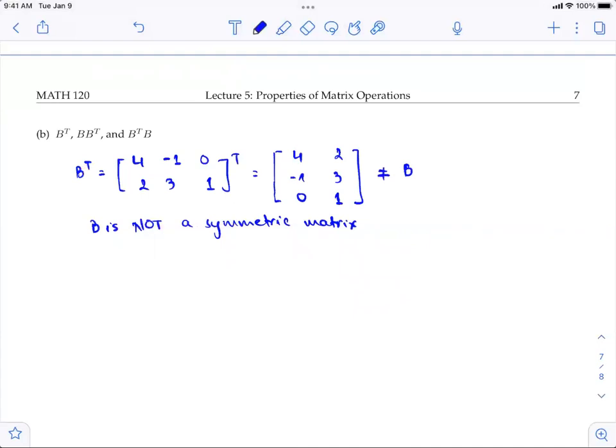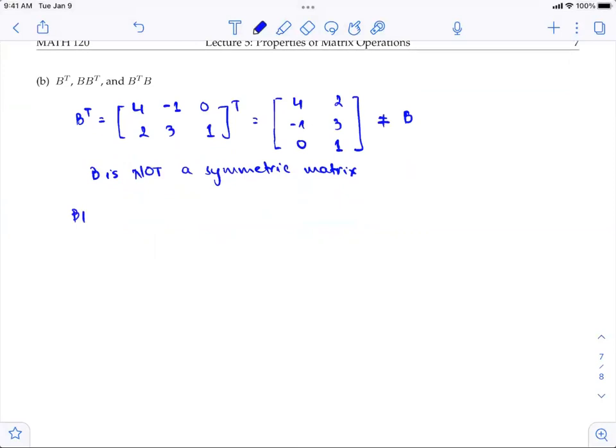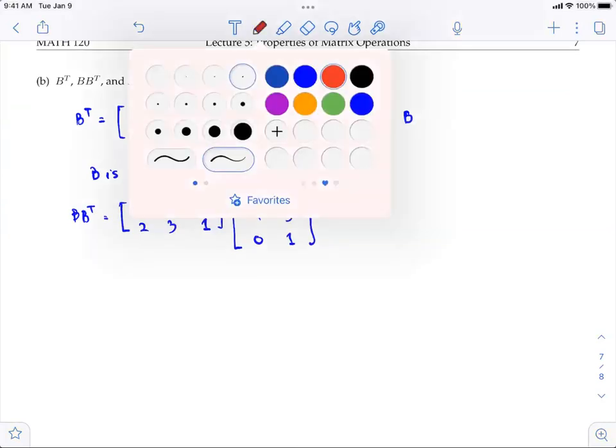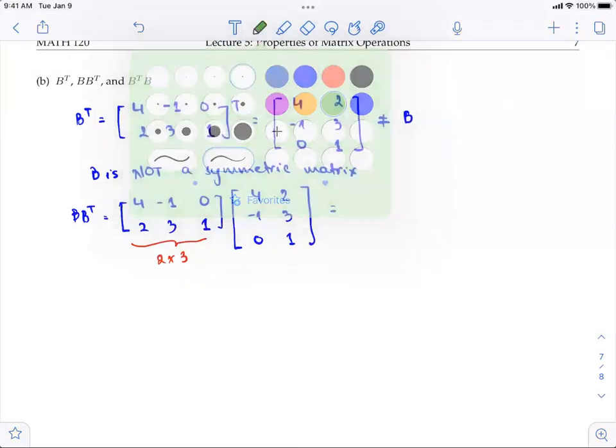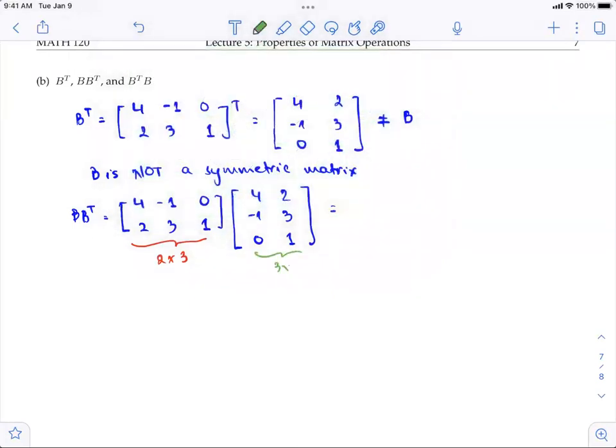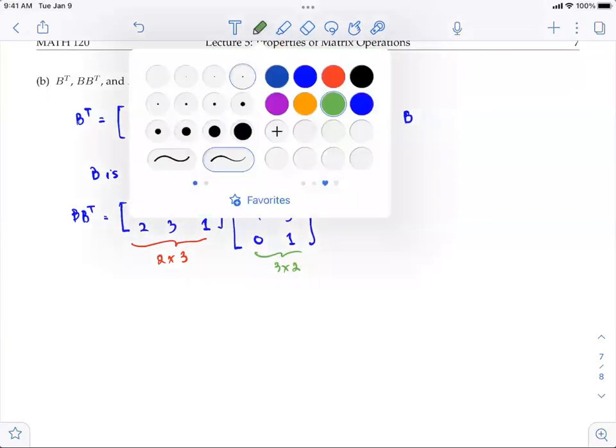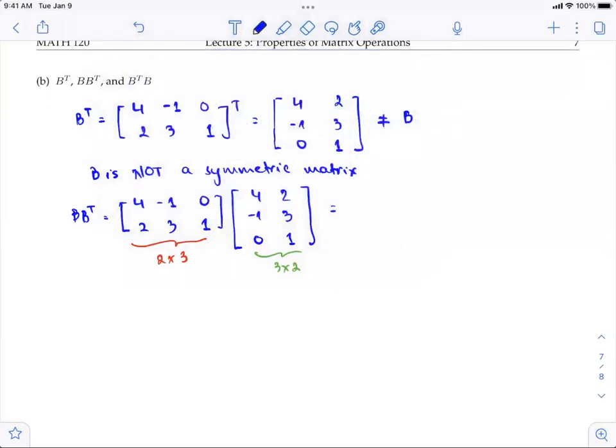The next calculation is to do B times B transpose. So you get 4, -1, 0, 2, 3, 1, and you multiply with 4, -1, 0, 2, 3, 1. And this is a 2 by 3 matrix, and this is a 3 by 2 matrix. So the result has to be a 2 by 2 matrix.